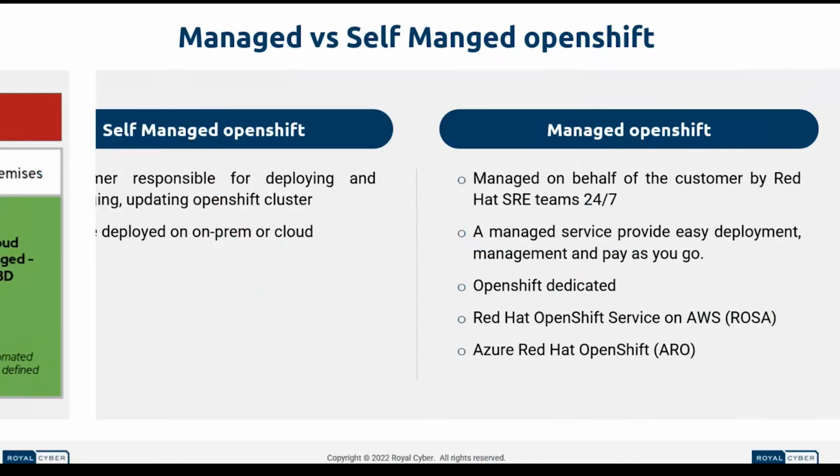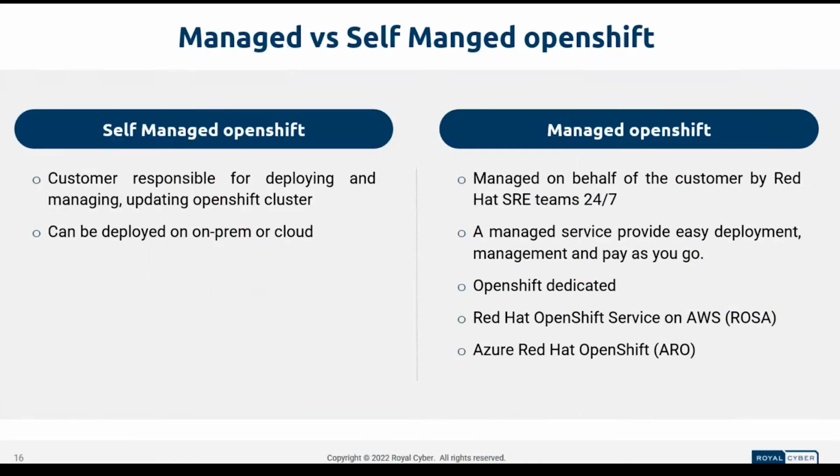The difference between self-managed and managed OpenShift: with self-managed OpenShift, you as a customer are responsible for deploying, managing, and updating your OpenShift cluster. It can be deployed either on-prem or on the cloud. A managed OpenShift will be managed on behalf of the customer by Red Hat SRE or by the cloud provider SRE.